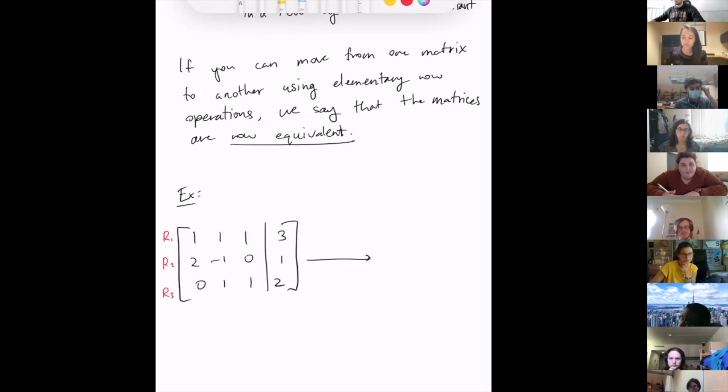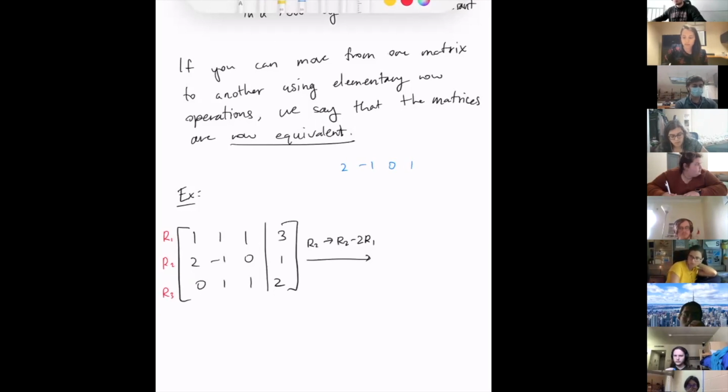The first thing I'm going to do is take row 2 and replace it with row 2 minus 2 times row 1. To completely show my work, my row 2 is 2, minus 1, 0, 1, and I want to multiply row 1 by -2.